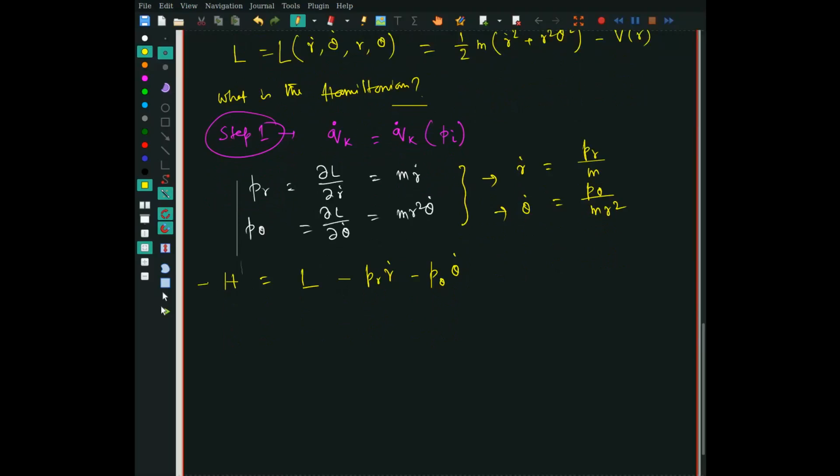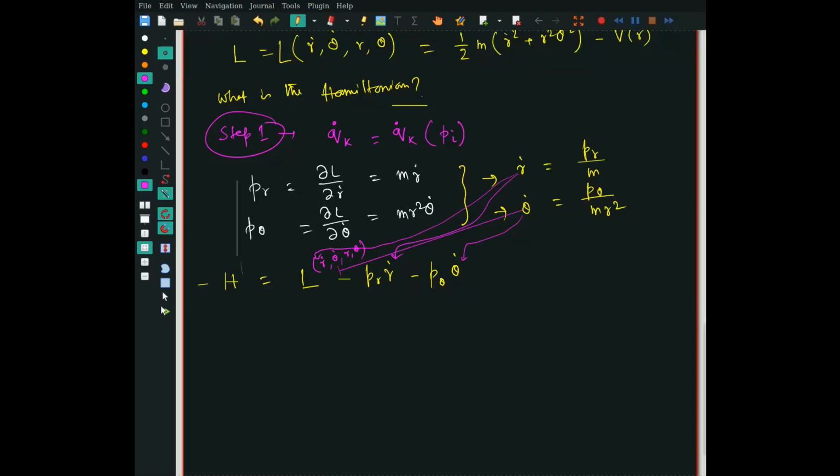Okay, so next, this L is again a function of r dot, theta dot, r and theta. Now in this expression you replace r dot and theta dot by these things, here and here also, including in the functional form.